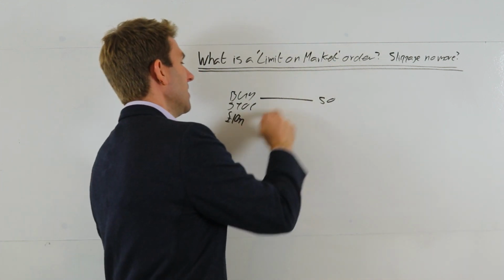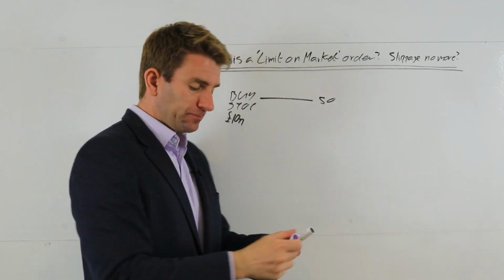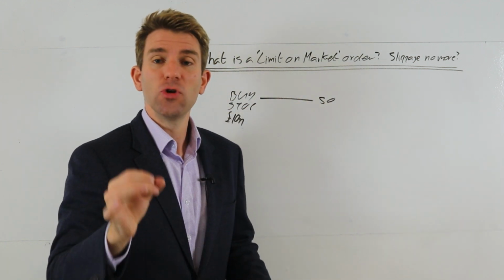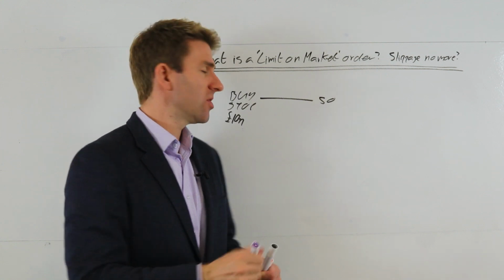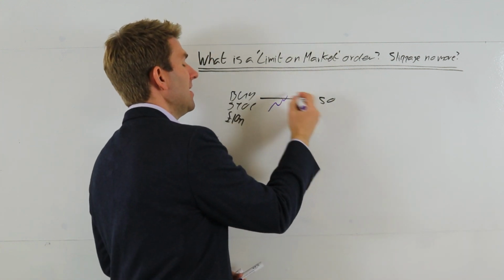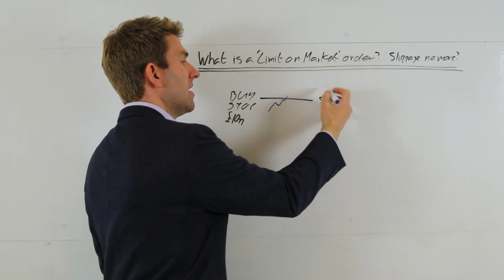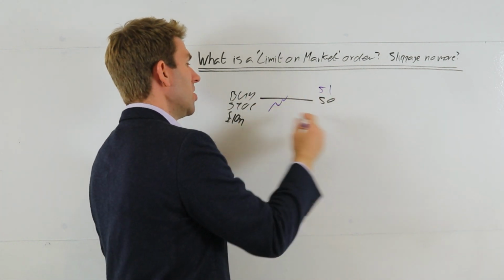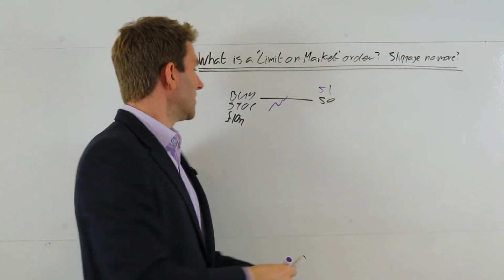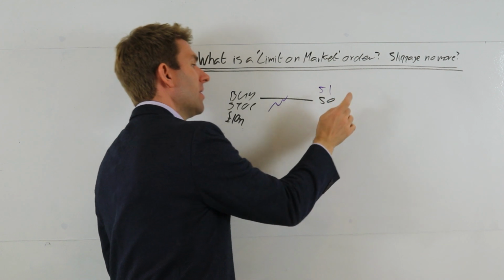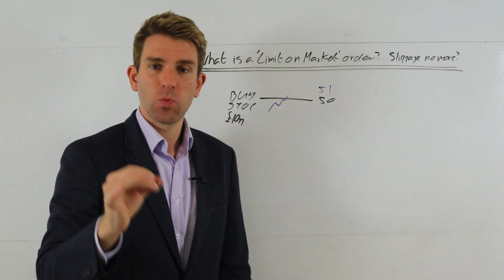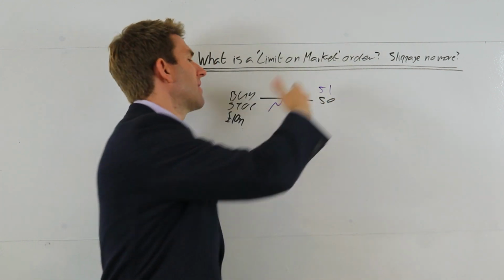So if the price hits 50, your order is executed at market. If price goes up quickly, by the time it hits 50, the price could be trading at 51. Your buy stop is filled at 51 as opposed to 50. That's your slippage. It's 1 point of slippage, £1 slippage, whatever unit we've got there.